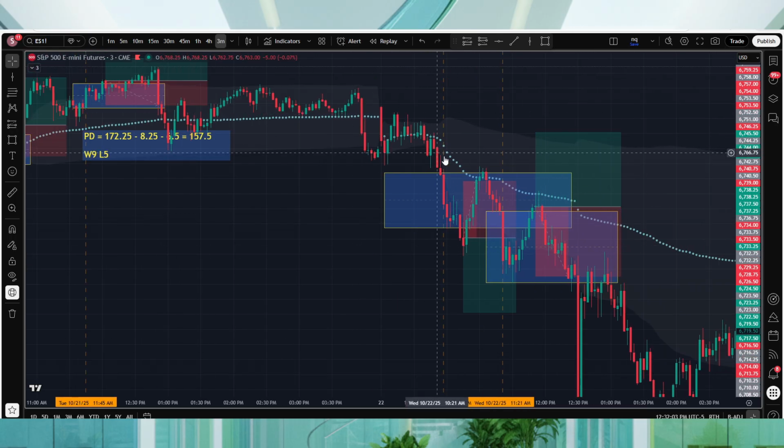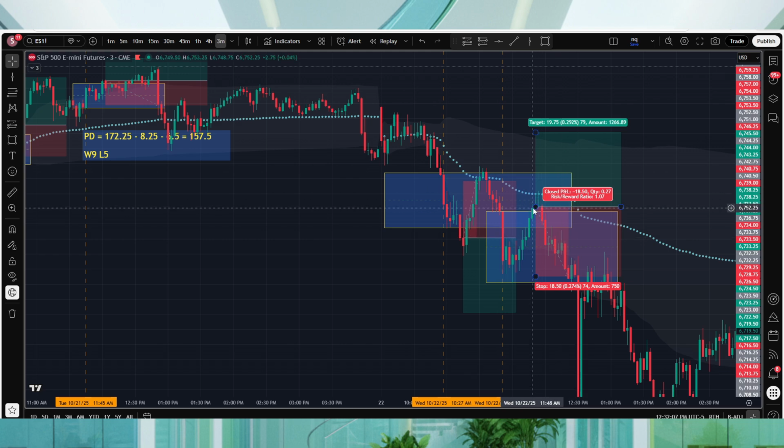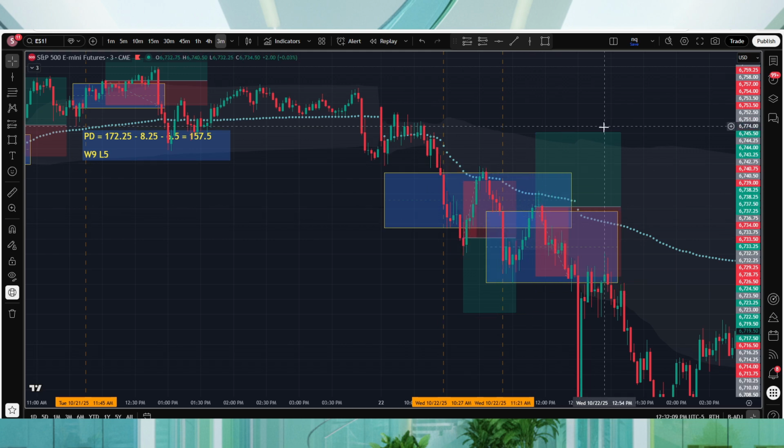You don't actually have to take the second trade. You don't have to take a trade that's going the opposite way, but I'm just trying to be as rigid as possible with this strategy. So if you see an ORB, you take the ORB. If you choose to take a second trade, we're just taking the ORB breakout.